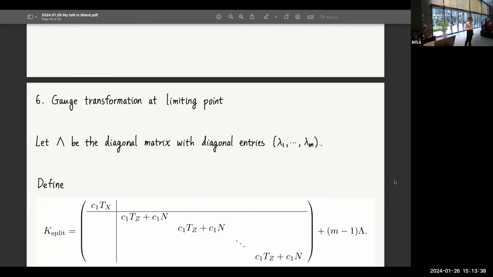So the corresponding K operator for the blow-up is, we write it as this one, C1 Tx, C1 Tz plus C1 T, and we also put this m minus 1 times lambda. The reason we put m minus 1 times lambda is because just now when we try to diagonalize our K, we get this extra lambda term, and this is the shift that we have to do in order to get the decomposition formula.